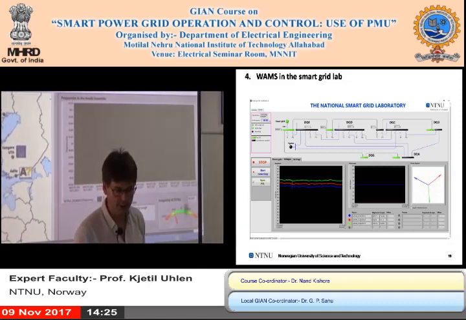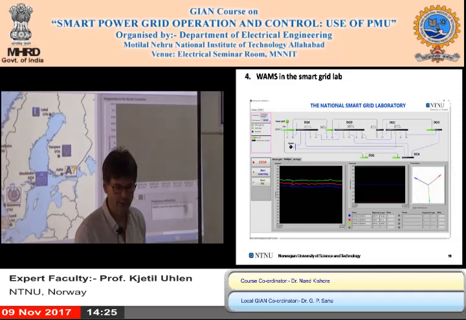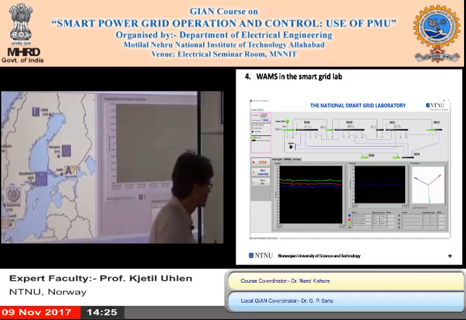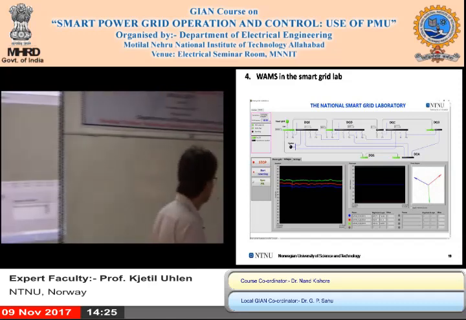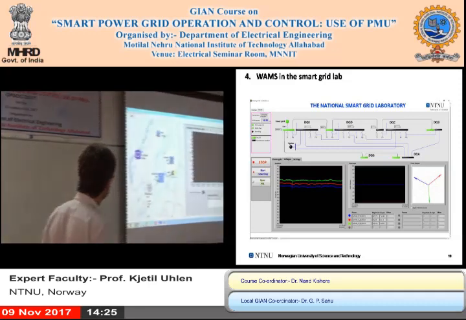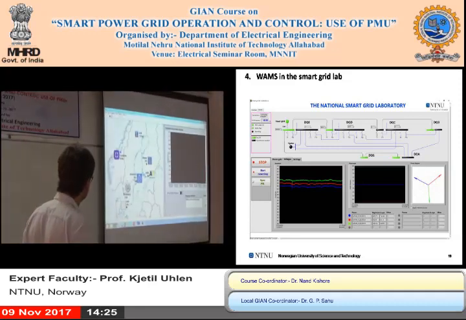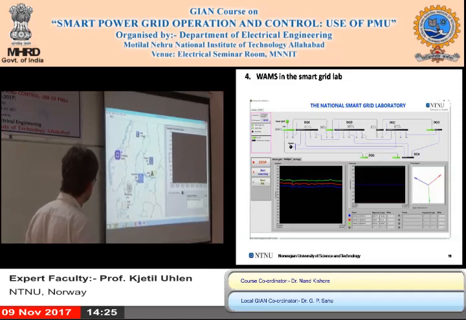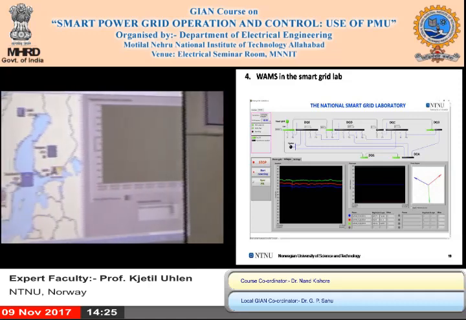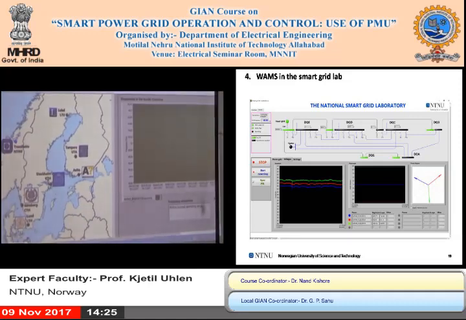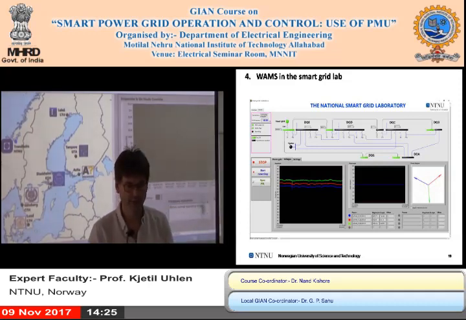When I talked about other external PDCs, we used to have connection to PDCs in Aalto and KTH and in Copenhagen as well. But right now I don't have that. I can check if we have something, but I don't think so.